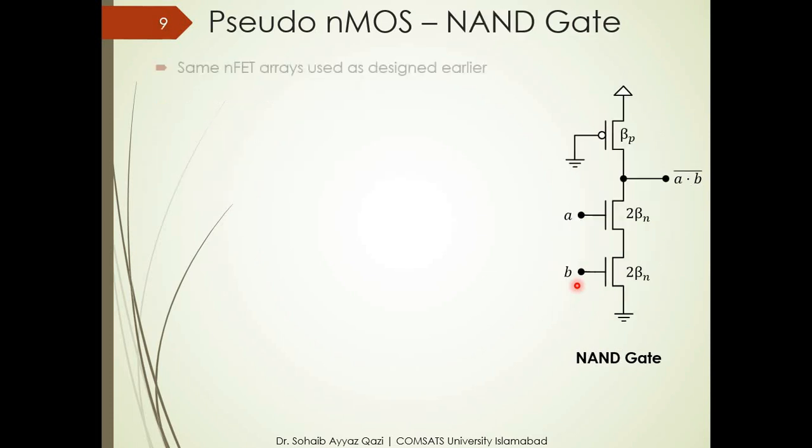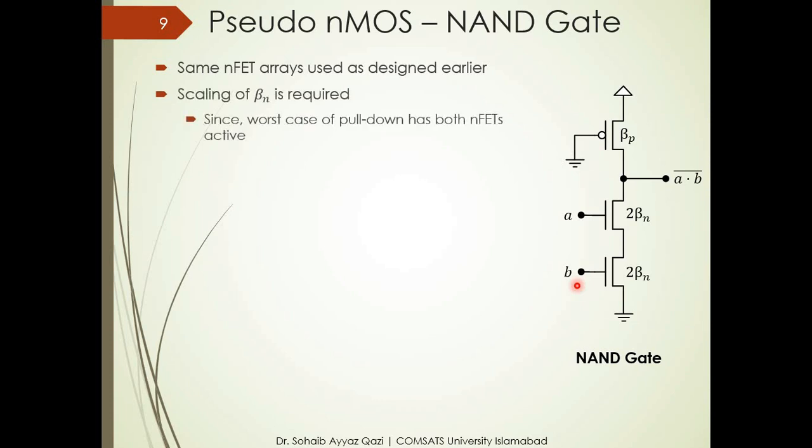But what will happen in the case of a NAND gate design? The same technique can be used to design our NAND gates, but the question is, we have to scale these beta n's here, because these nMOSes are connected in series and when both are active, the output will be connected to ground.